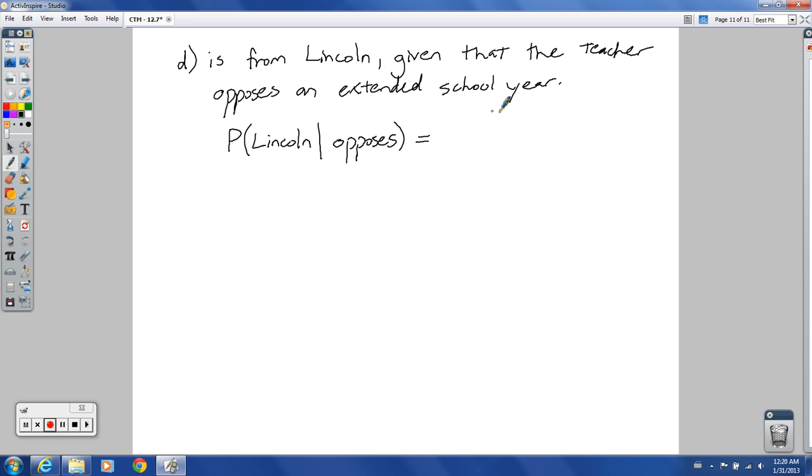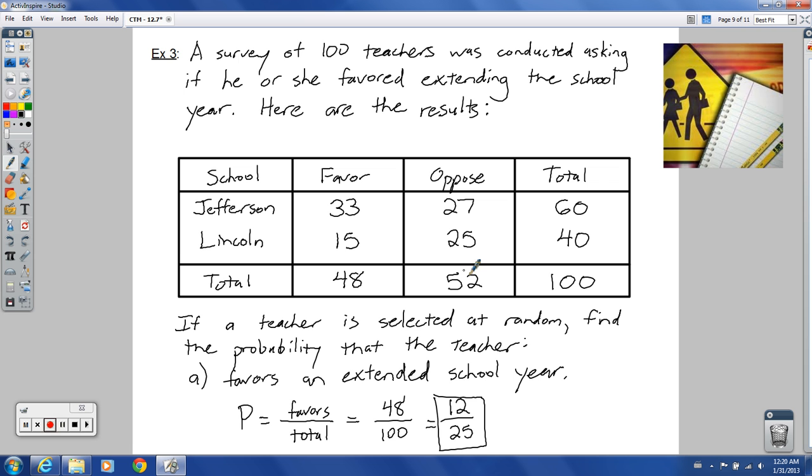And so what's going to go on the top and what's going to go on the bottom? On the bottom, it's going to be the given that part. This is what you have to choose from, the given part. And so the number that opposes now becomes the given part. How many opposed in total? We had 52. How many of those that opposed were from Lincoln? There's 25 out of those total 52 that opposed that are from Lincoln.